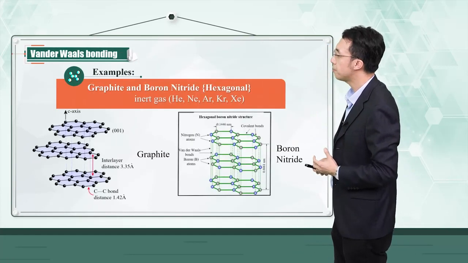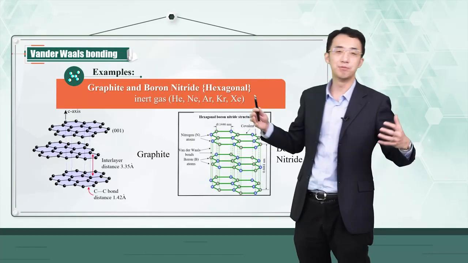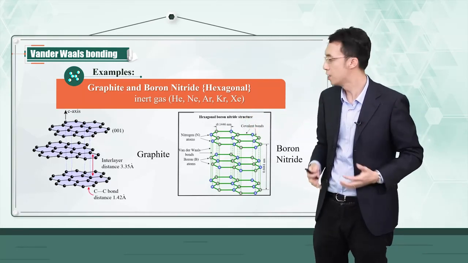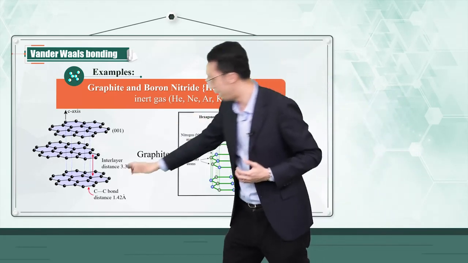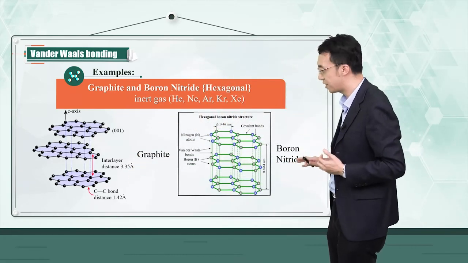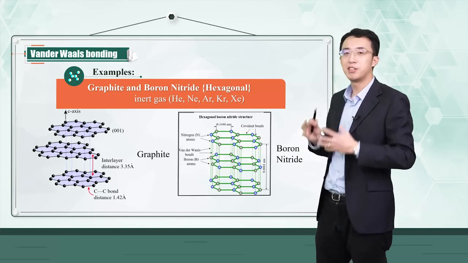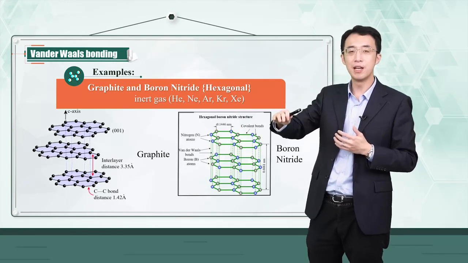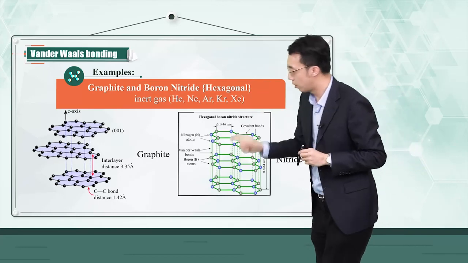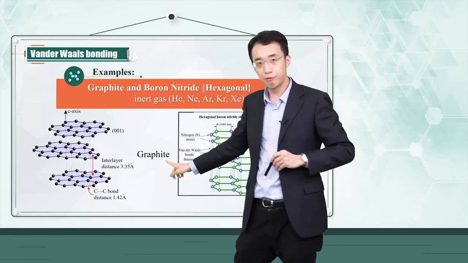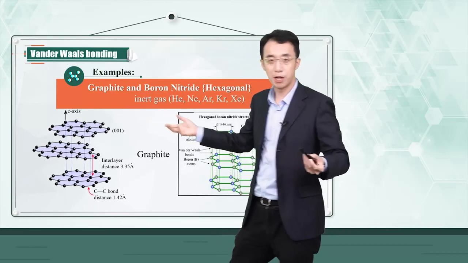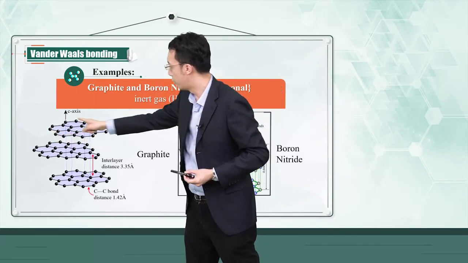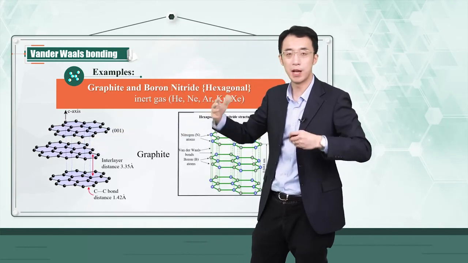Okay? And you may have different types of chemical and physical interactions in a single material. For example, in the case of graphite or in the case of boron nitride, right? You may have different chemical and physical interactions in the layer and between the layers. In particular, for graphite, which is pure carbon essentially, in the layer, the carbon atoms are forming this hexagonal shaped arrangement.